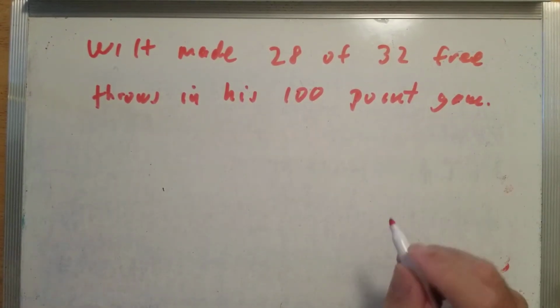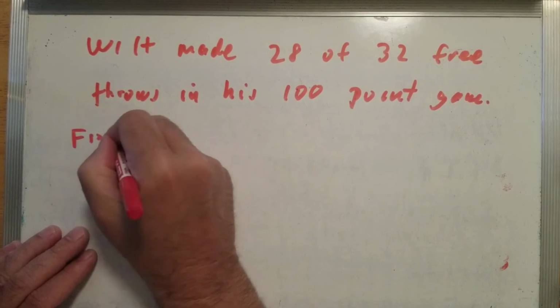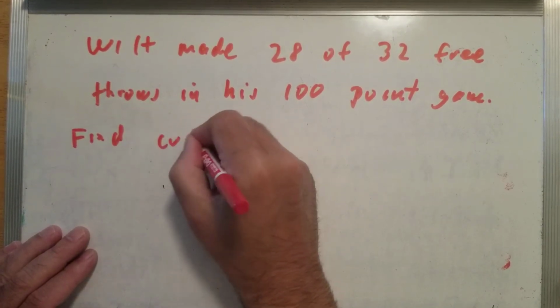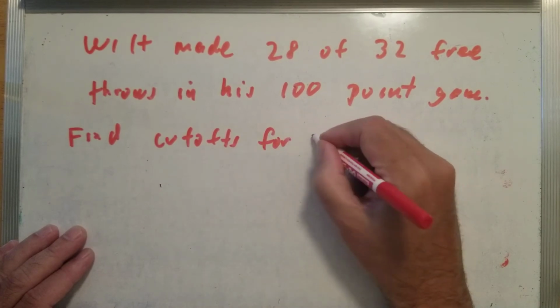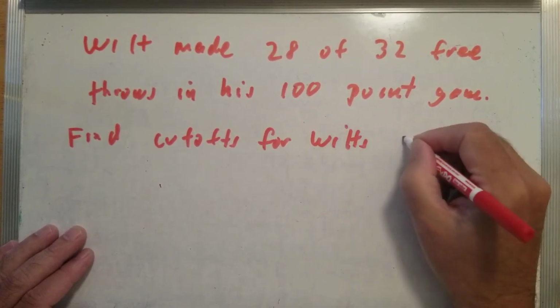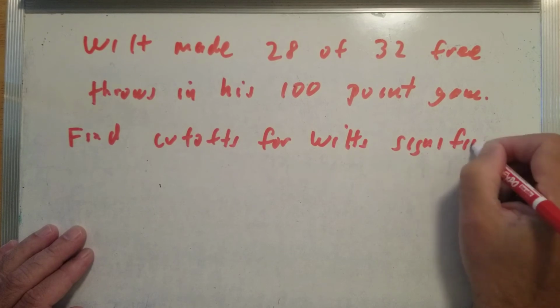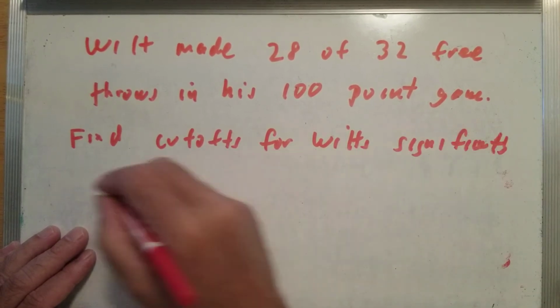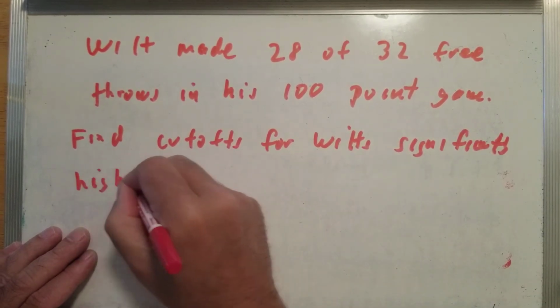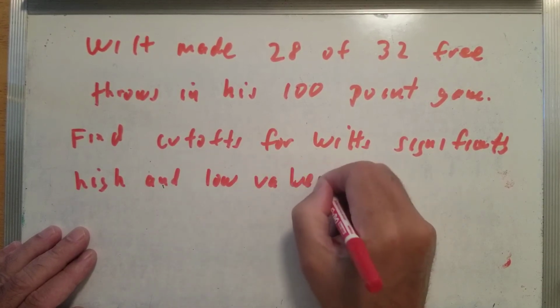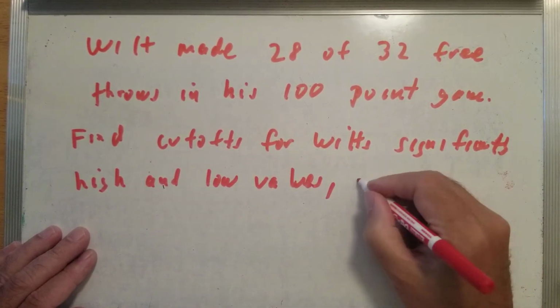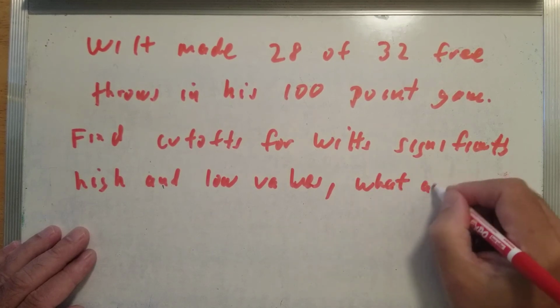And the question is, let's find the cutoffs for Wilt's significantly high and low values. And what about the fact that he made 28?